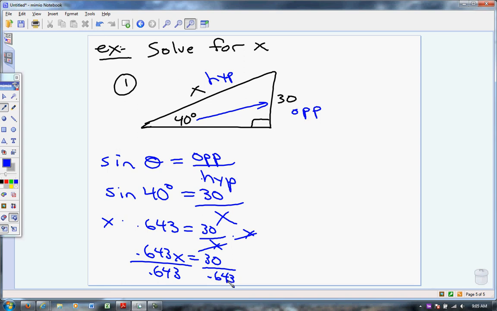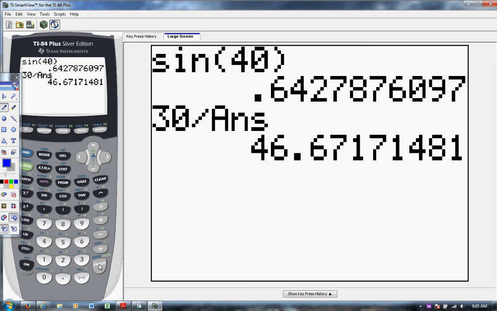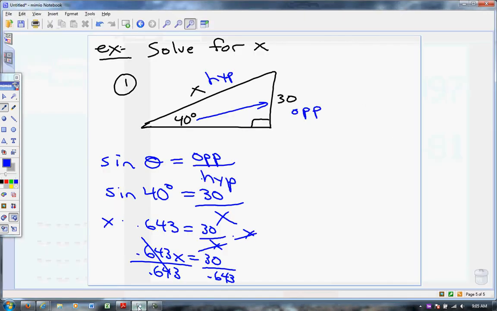Okay? And 30 divided by 0.643. 30 divided by, I'm going to use the answer button, is 46.7. So this hypotenuse right here is 46.7.